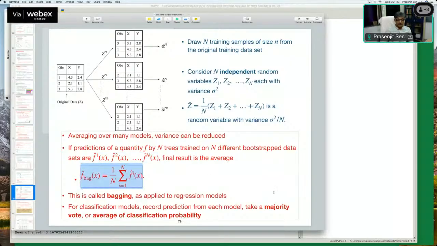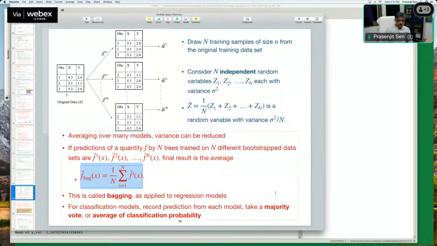The final result will be the average of these, and this method of averaging is called bagging. So it's a bagging average of n predictions as applied to the regression model.